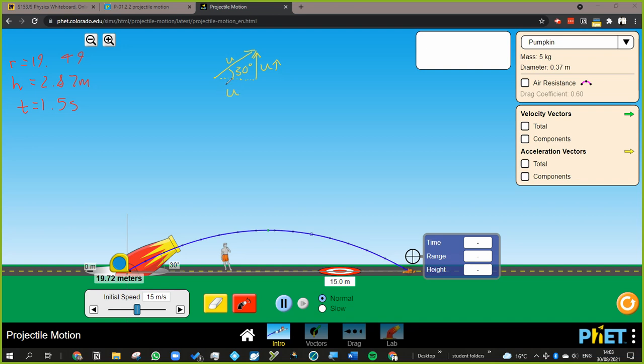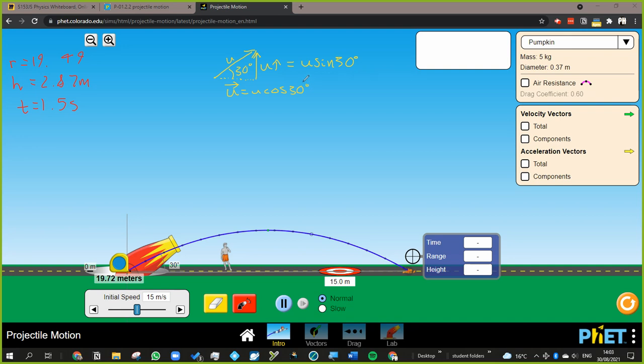Now, I'm going to jump ahead a little bit because we reviewed trigonometry recently. So u vertical is going to be u sine 30, and the horizontal is going to be u cos 30.